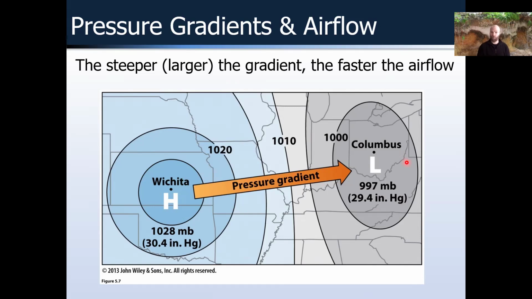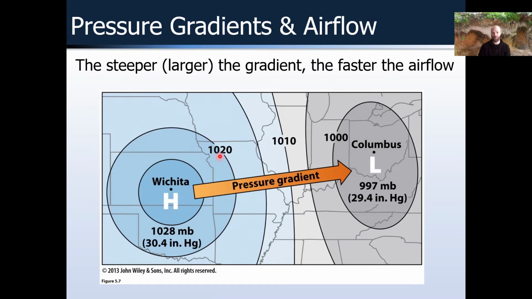Another aspect that's really important with understanding wind speeds as well as directions is this concept of a steeper or larger gradient, where anytime you have a large gradient, meaning a big change over a unit space, compared to somewhere else where there's not as much change in pressure over a unit space.